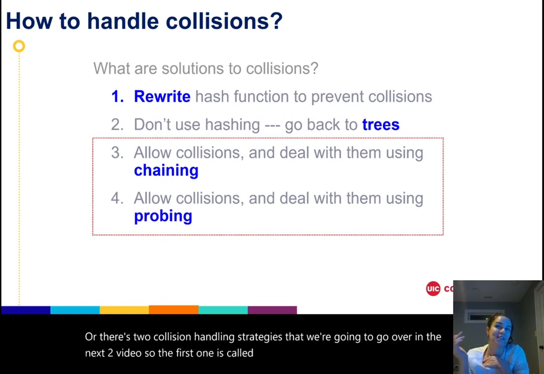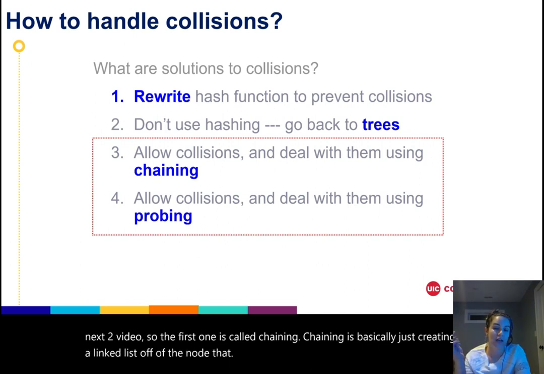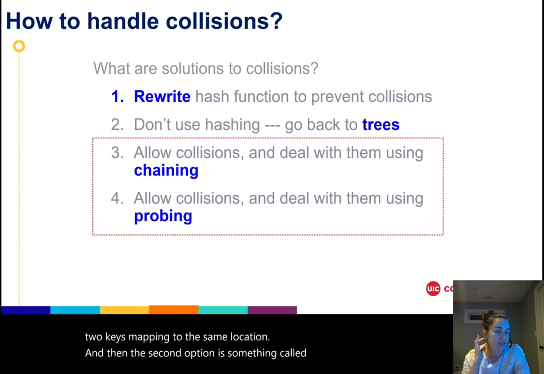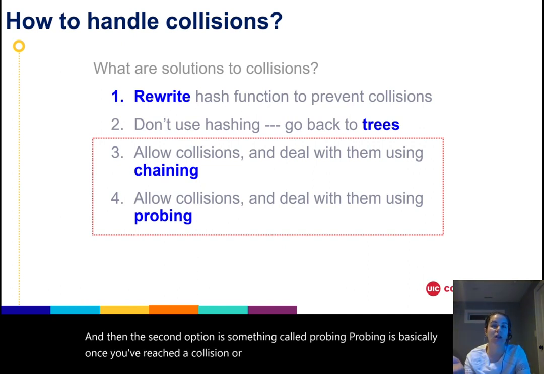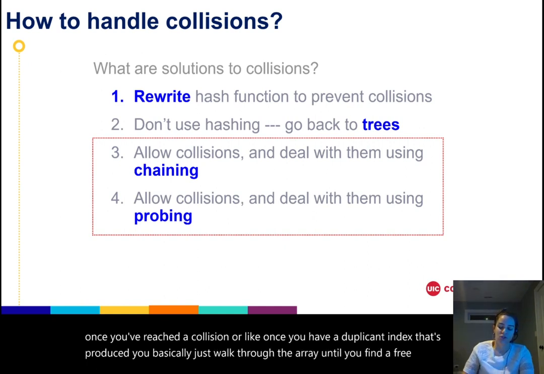Chaining is basically just creating a linked list off of the node that has two keys mapping to the same location. The second option is called probing. Probing is basically, once you've reached a collision, or once you have a duplicate index that's produced, you just walk through the array until you find a free one. So those are your two options.